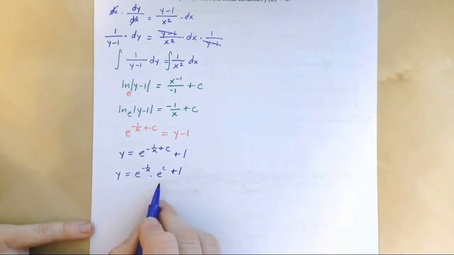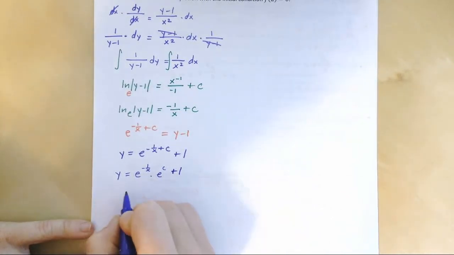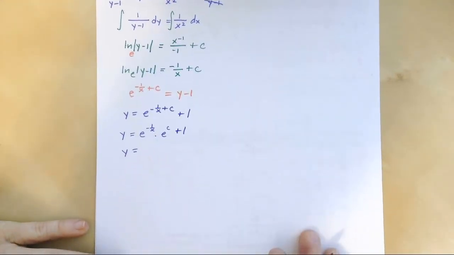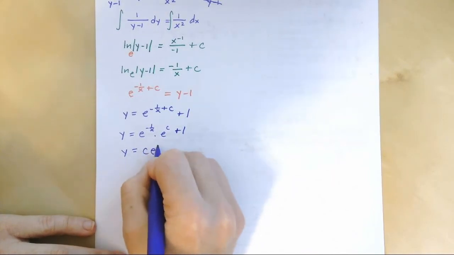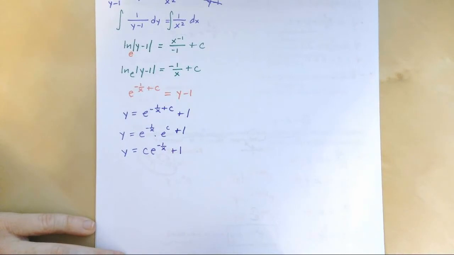Remember, e to the c is just a constant. So I'll call that constant c. That's just a big constant c. So we have y equals c times e to the negative 1 over x plus 1.